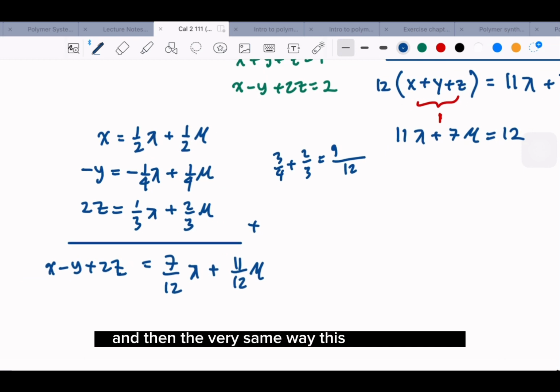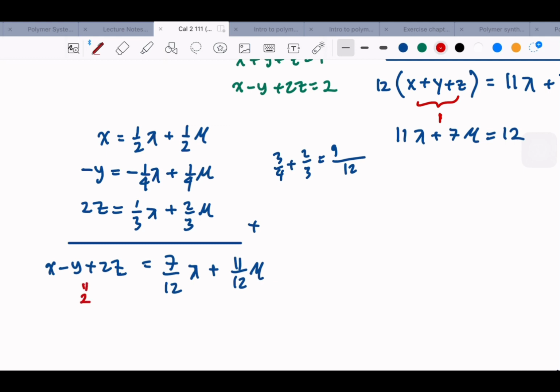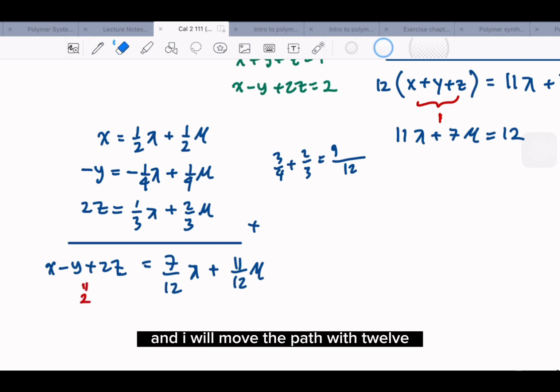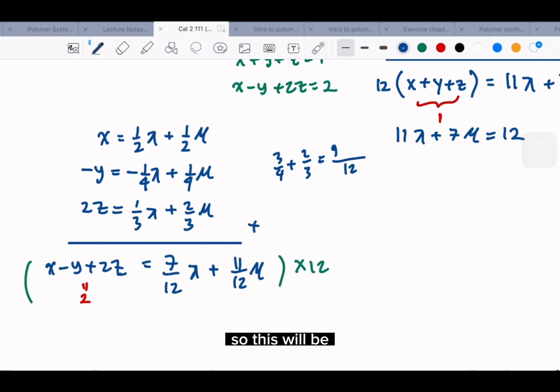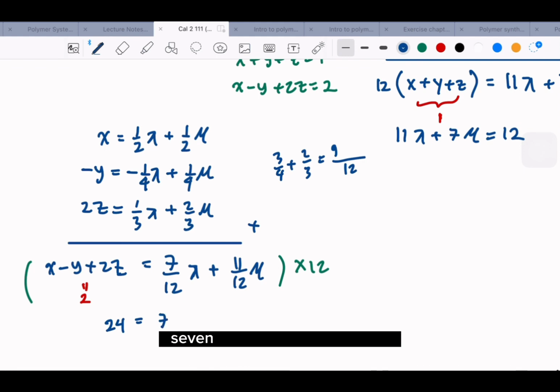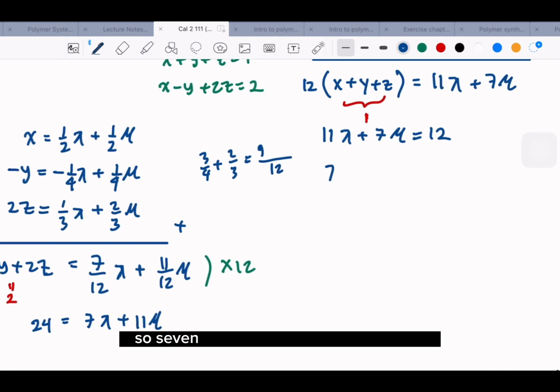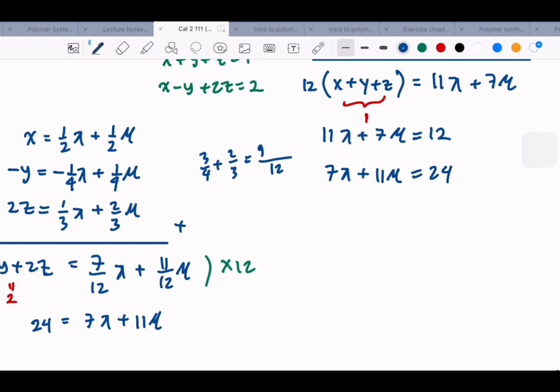And then the very same way, right here, this is equal to 2, right? And I will multiply with 12. So this will be 24. 7 lambda plus 11 mu. Okay, so we solve these two. So 7 lambda plus 11 mu equals 24.